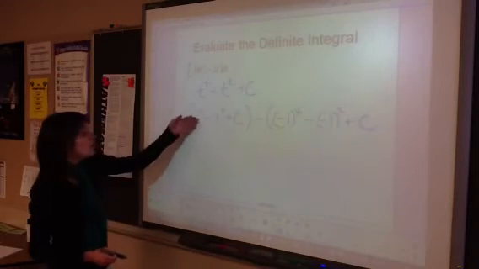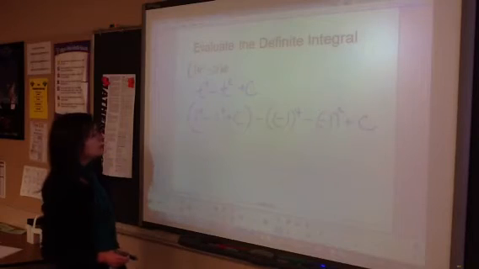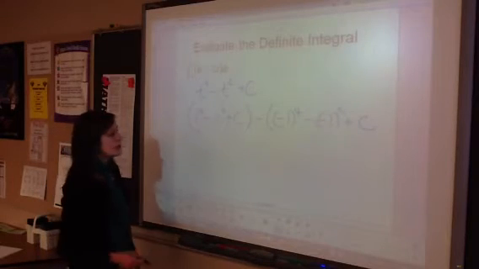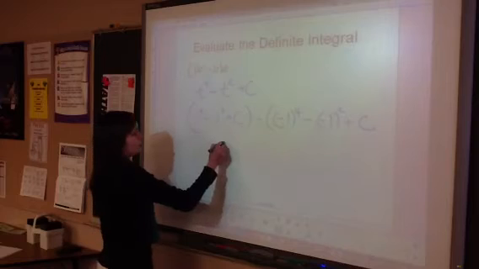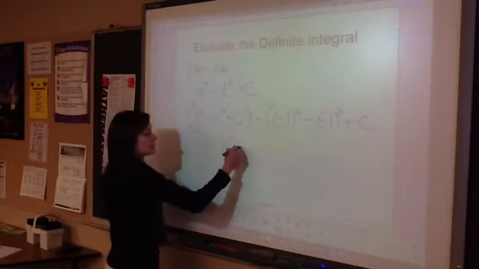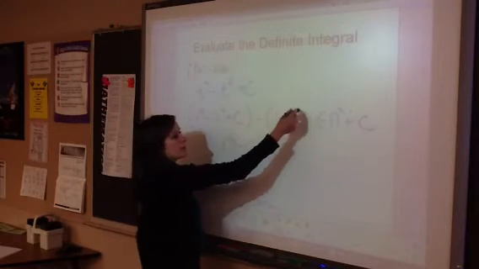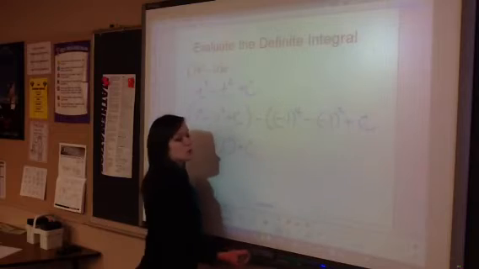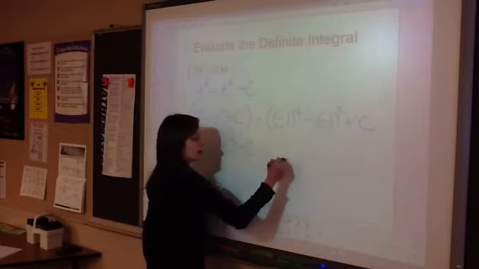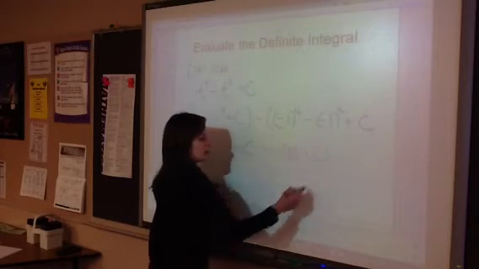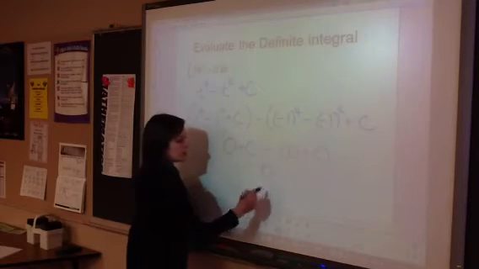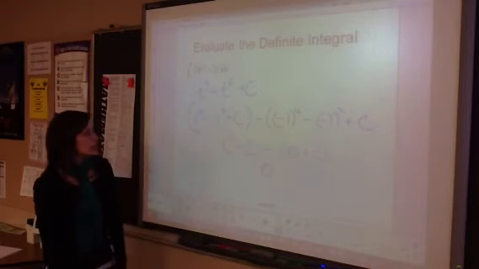So 1 to the 4th minus 1 squared is 0. So you get 0 plus c. Here, -1 to the 4th minus -1 squared is also 0. So you get minus 0 plus c. So your area on this one is 0 units squared.